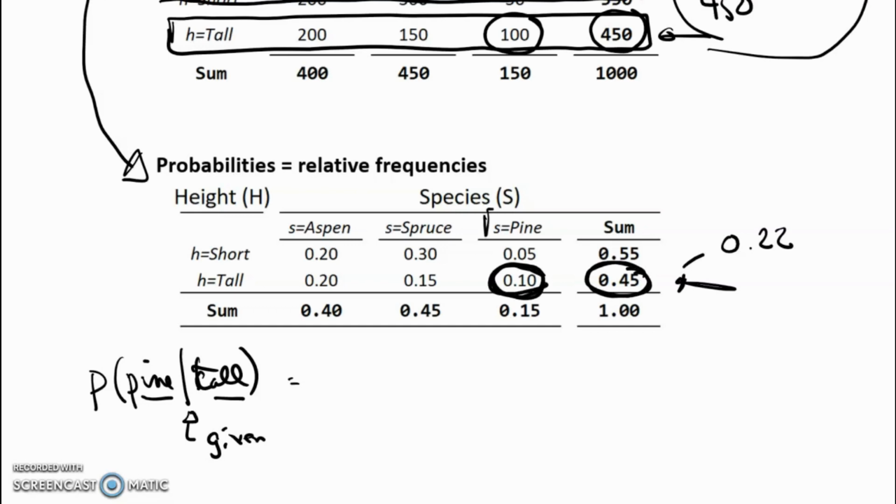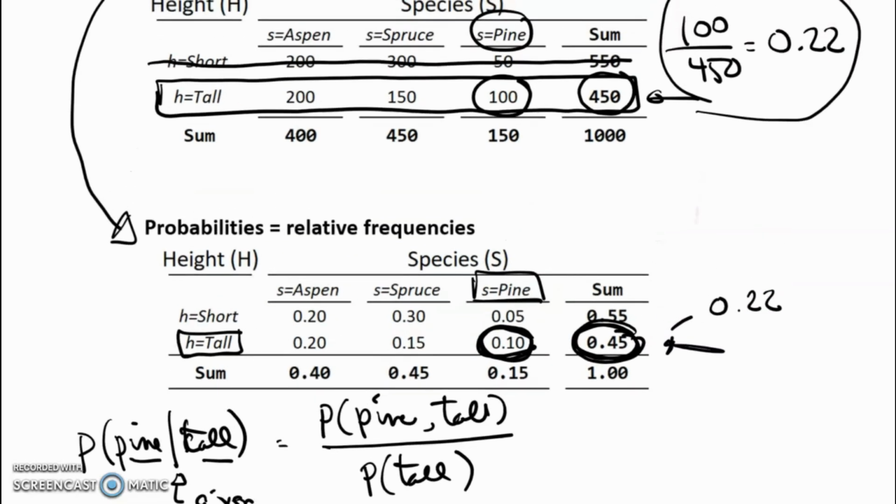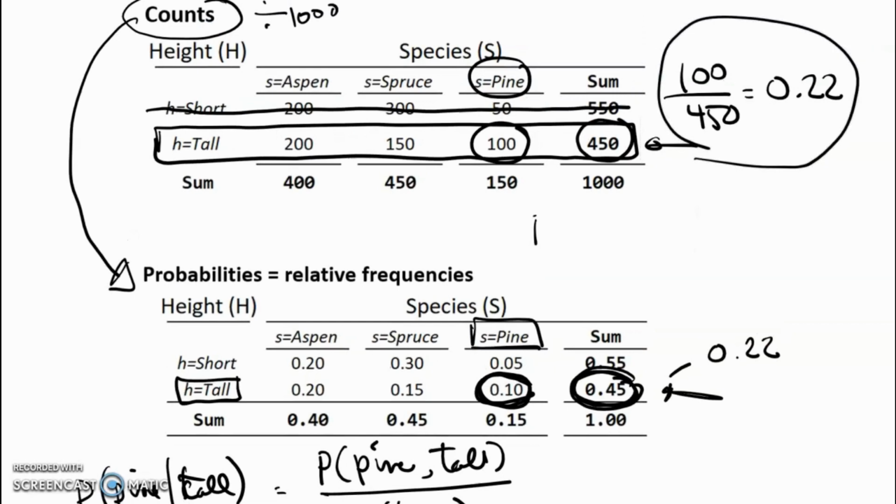What's this? This is the joint probability of a tree simultaneously being pine and tall. And this is the marginal probability that a tree is tall. So now let's think about what would be the conditional probability of a tree being tall given that it's a pine.